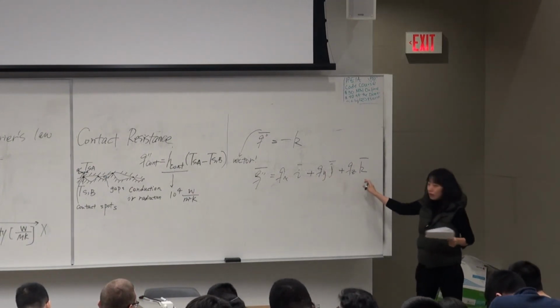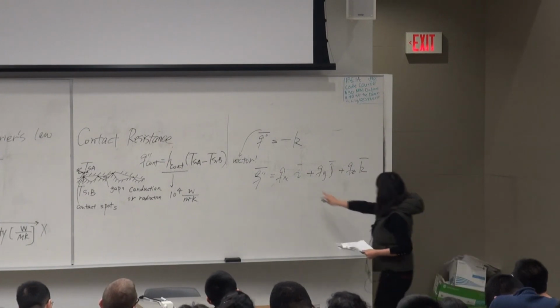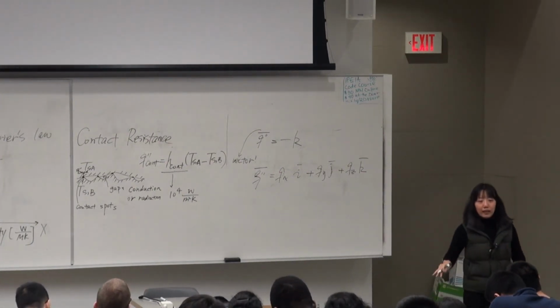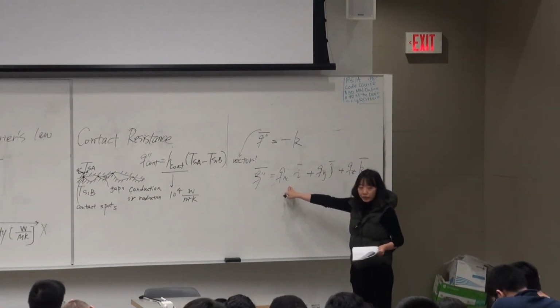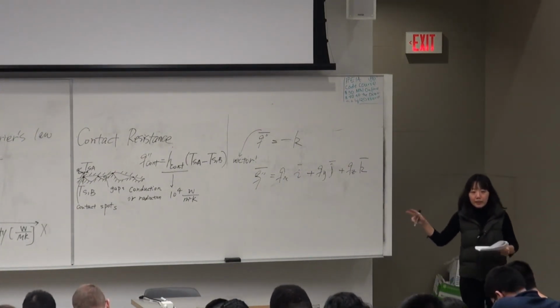The bar over that also means vector, and i, j, k are the unit vectors in x, y, z, the three dimensions. So the heat flux is a vector, and it has three components in the three dimensions.